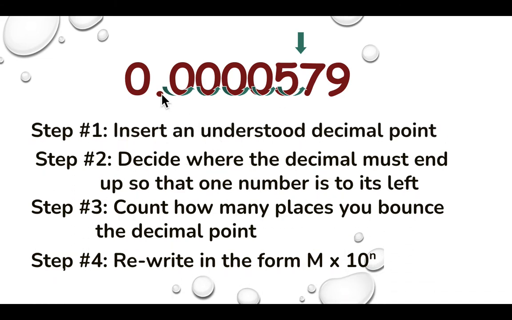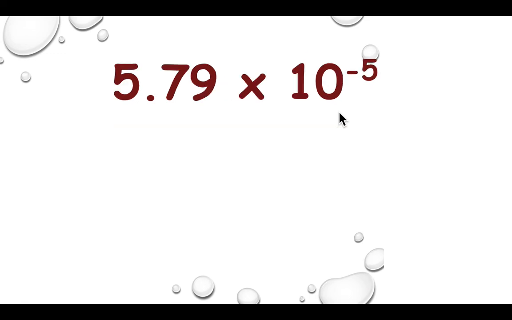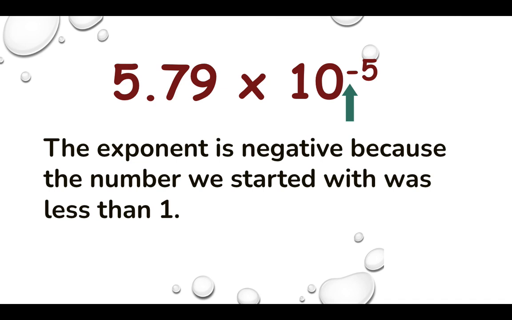I'm sorry, we have that decimal point right there. So you get 5.79 times 10 to the negative fifth. So why negative fifth? Because the number is less than 1. So we're essentially saying times 1/10, times 1/10, times 1/10, times 1/10, times 1/10. So the exponent is negative because the number we started with was less than 1. So this is a very small number.